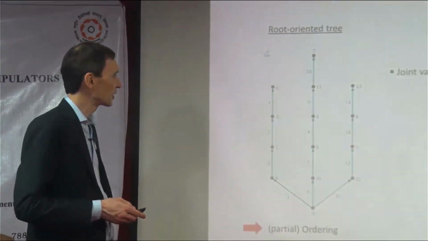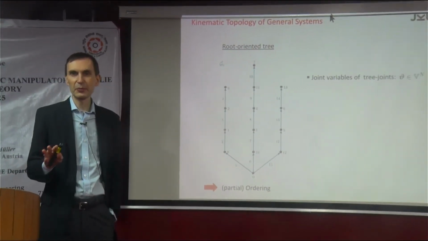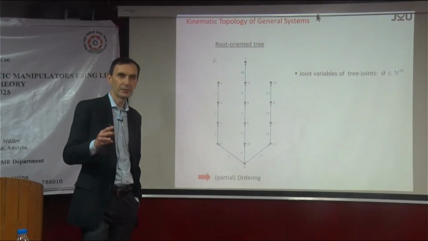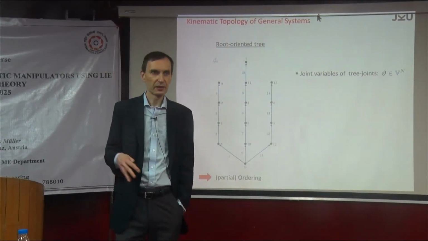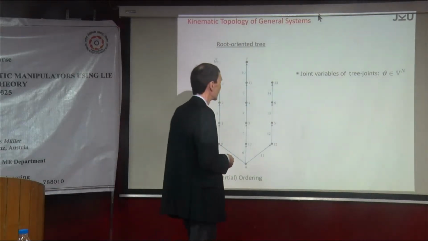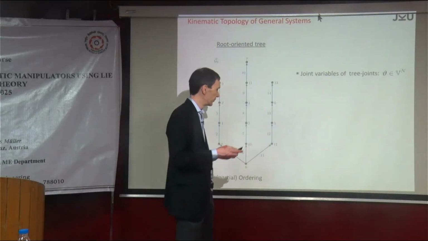Yeah, so essentially this is it. I mean, we don't have much more to say. It's just the basic idea. We can deliberately split the topology of our systems, in particular the PKM, and that's it.